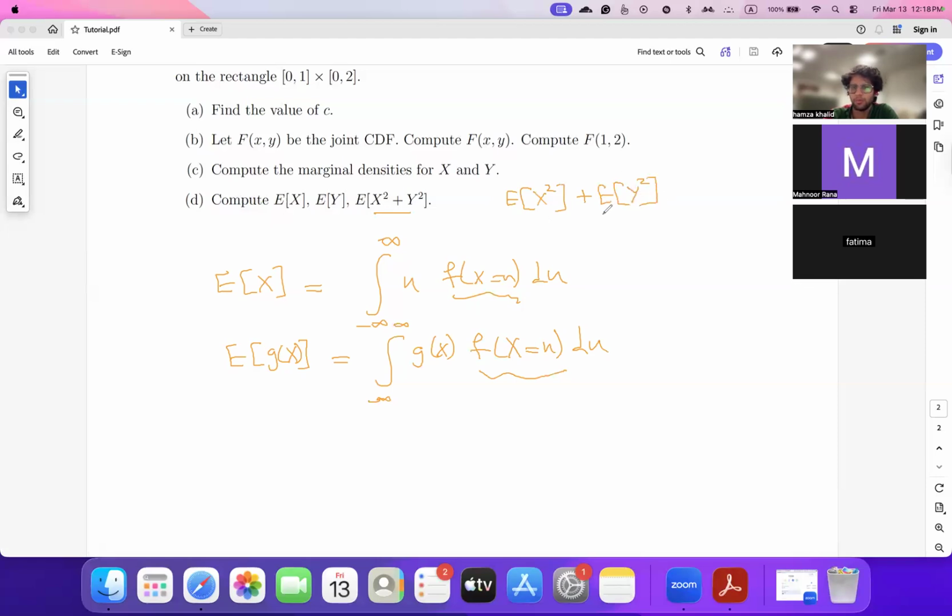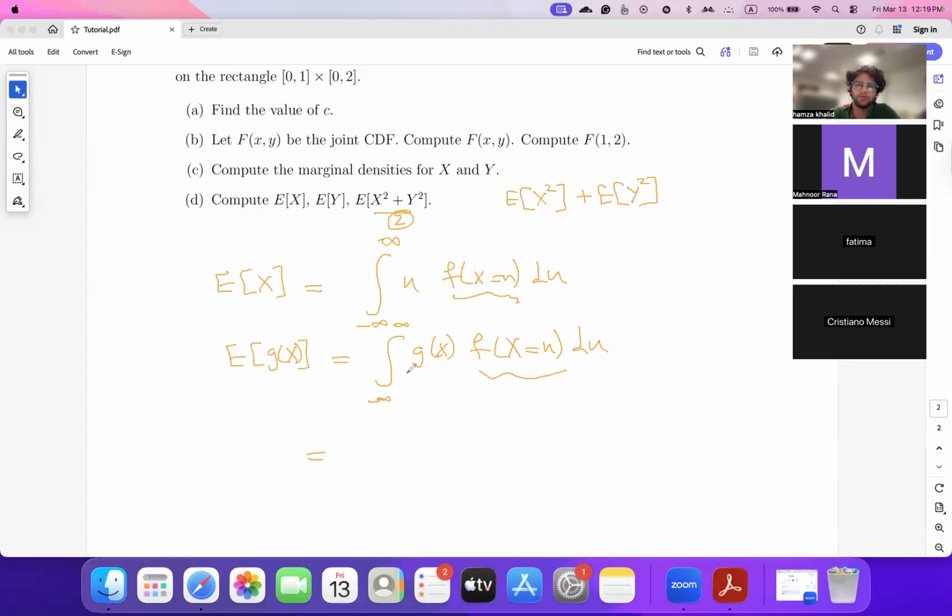But another way could be that I define this to be my z, another random variable. Then I rewrite the whole thing in terms of z, and when I substitute, I'll have to make sure that now I have two integrals rather than one.